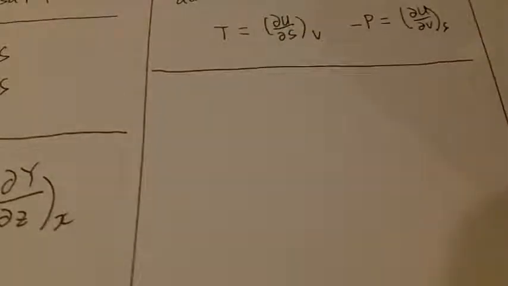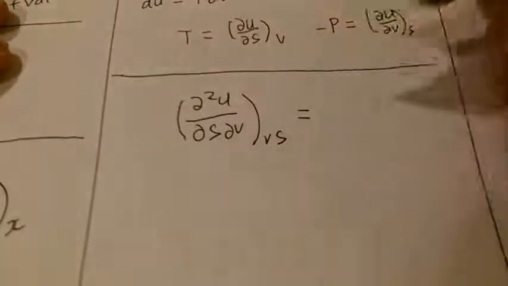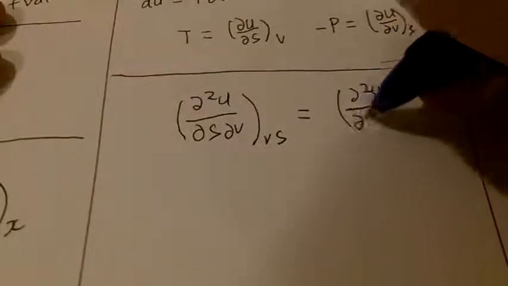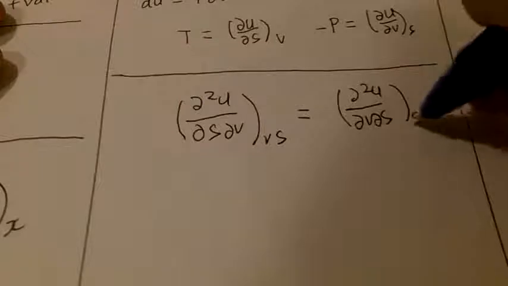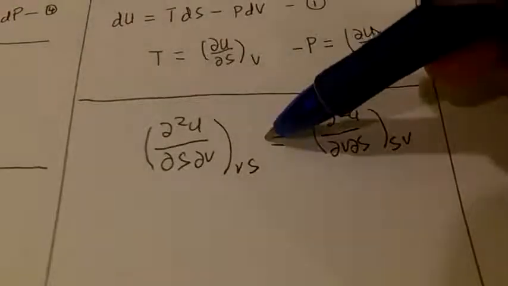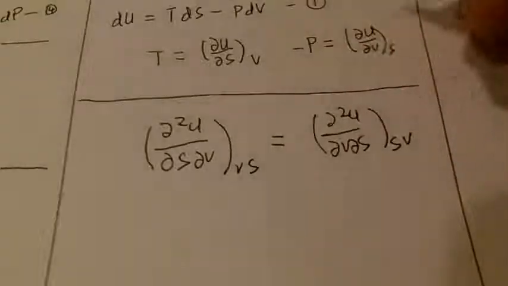Now if we apply the partial differential rules, we can see that del 2U del S del V, holding V and S constant, equals del 2U del V del S, holding S and V constant. Now we compare the relations here to here, and what do we get?